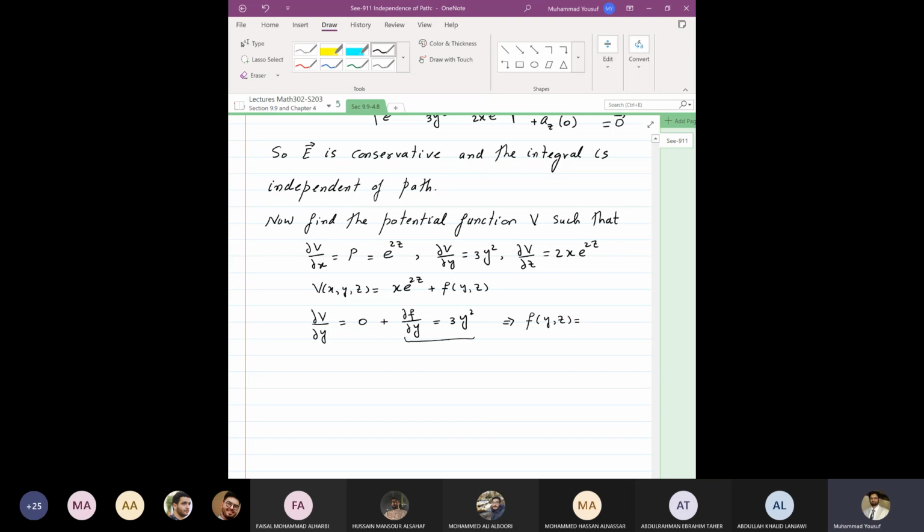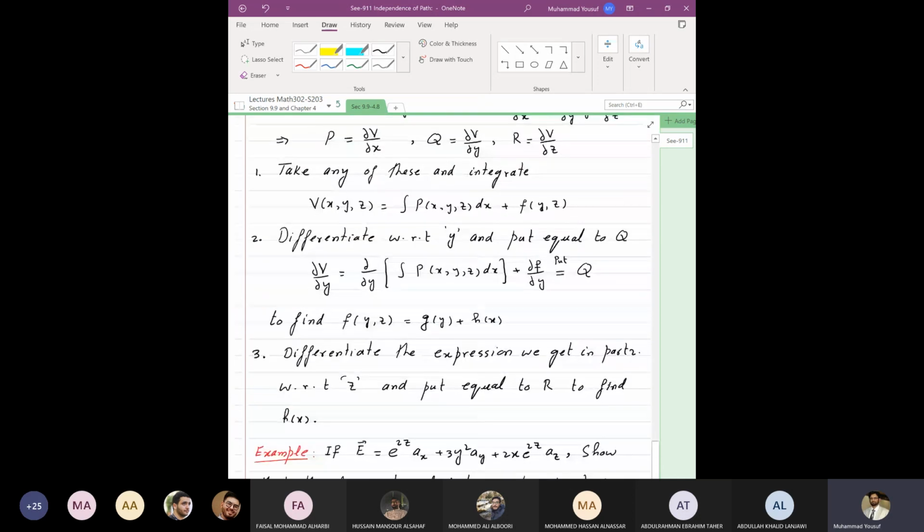So f of y, z is actually y cube plus a constant of integration. So let me write that the constant of integration will be either a constant or a function of z. So we have a function of pure y, and then z, and with this our V of x, y, z becomes x e power 2z plus y cube and some function g of z.